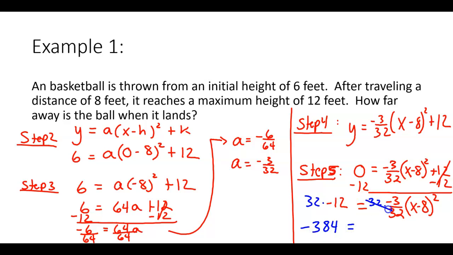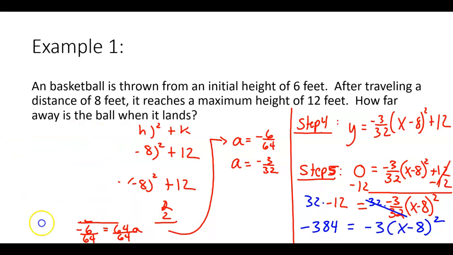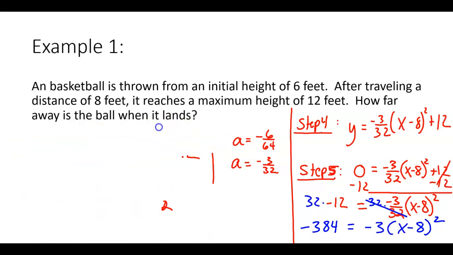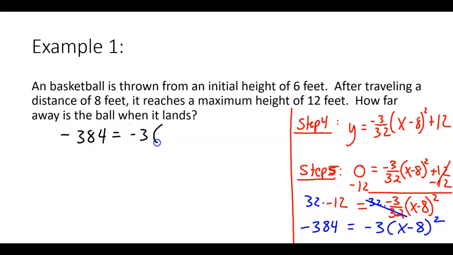Now over here, these cancel out. Okay, so we have negative 384 equals negative 3 times x minus 8 squared.